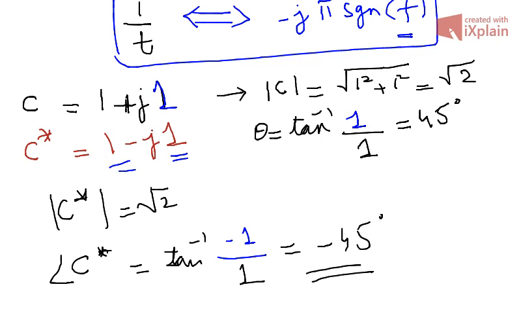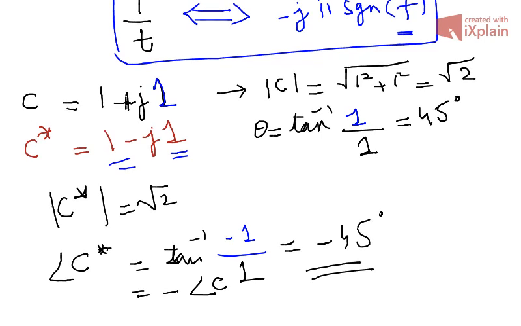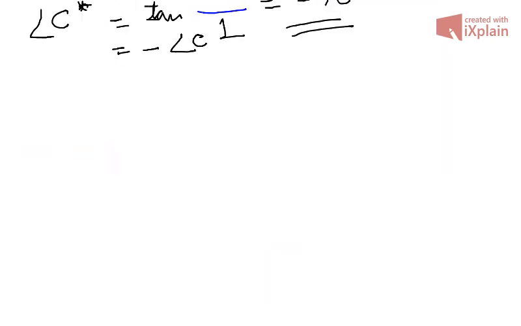The phase is equal to the negative of the phase of C, the angle of 1 plus j1. These properties will be used today in our lecture, and let me recall one more property of a Fourier transform.